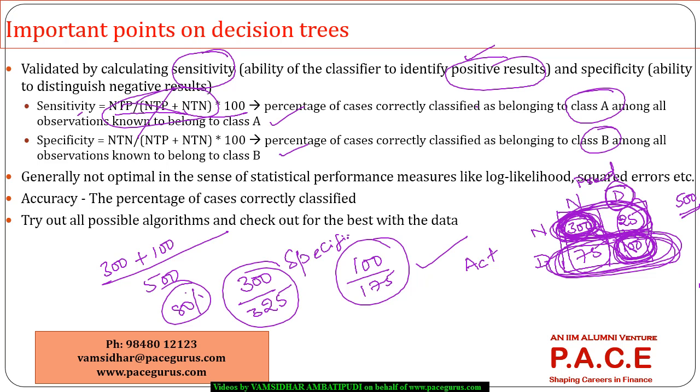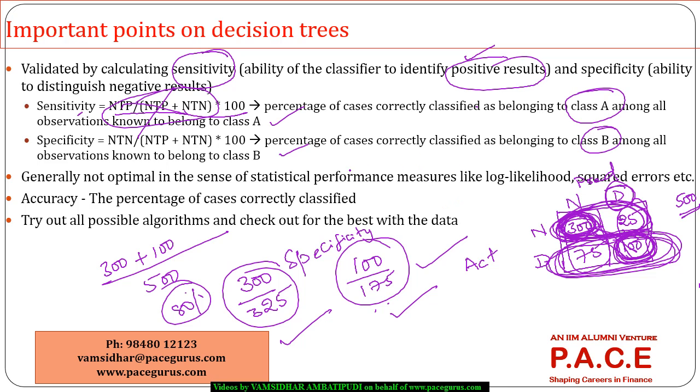Now generally what we do is we set some kind of thresholds for both sensitivity as well as specificity, and try to change the model to see which model is able to meet our sensitivity as well as specificity measures. This is typically used for classification purposes.